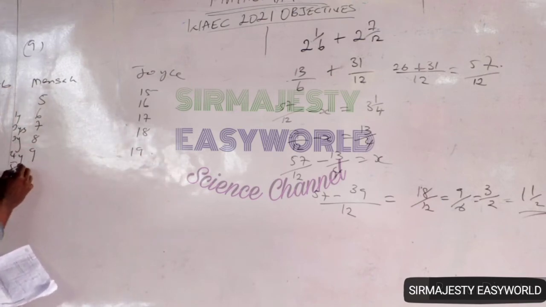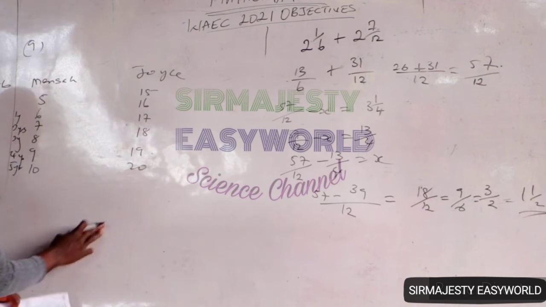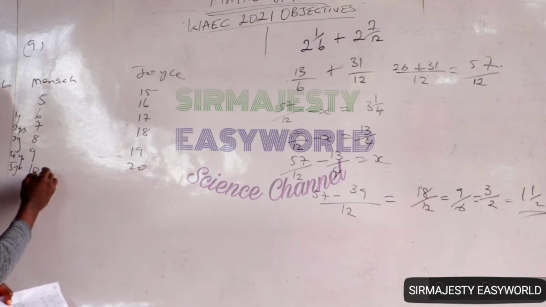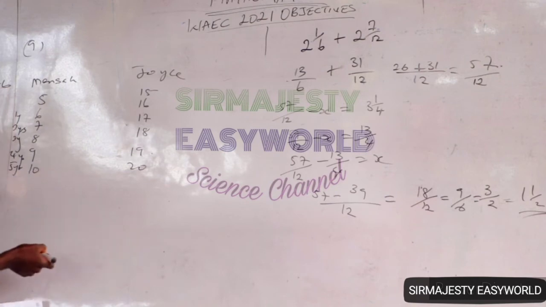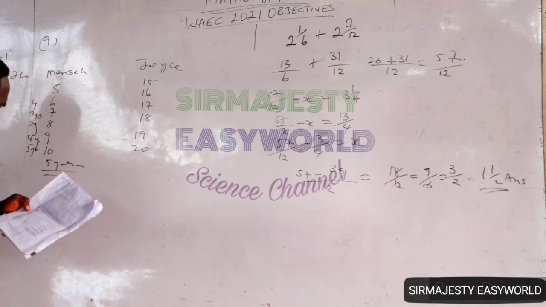Then 5 years later, this one will be 10, and this one will be 20, and 10 times 2 is 20, which means Joyce's age is equal to Mensa's age times 2. So the answer should be in 5 years. Simple reasoning. In 5 years, which is option C.